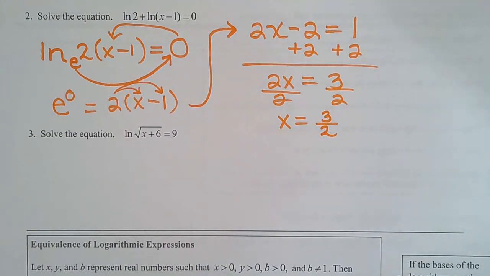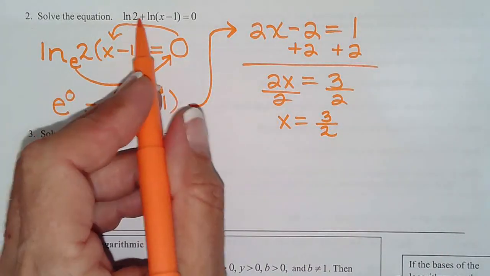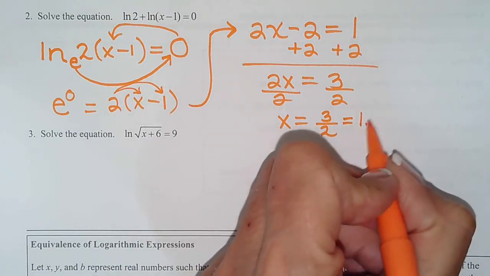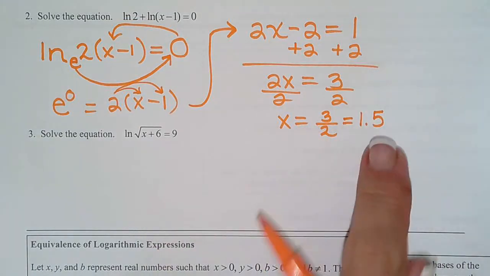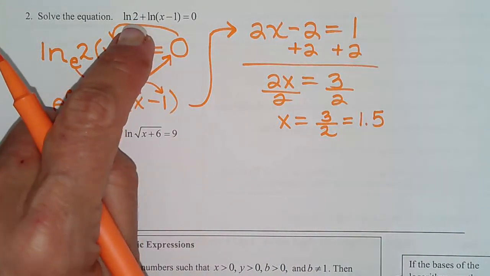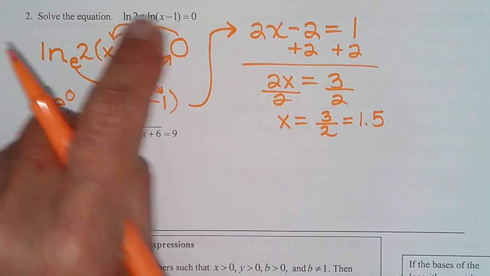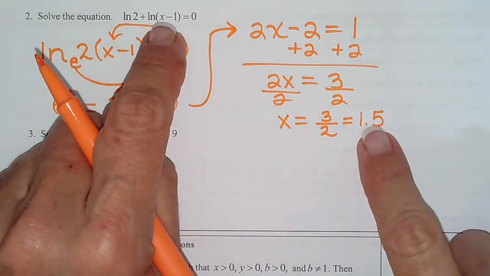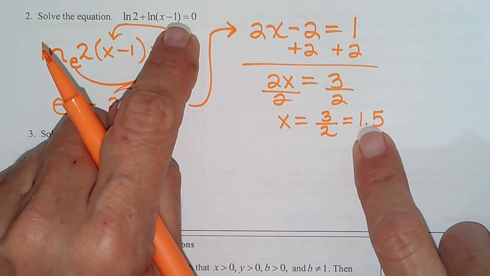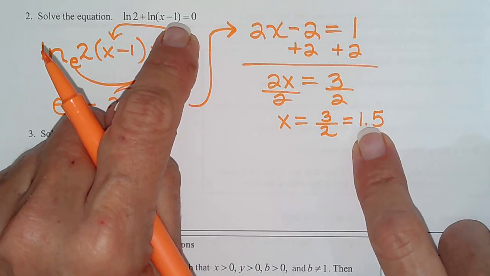And now all we have to do is check and make sure it makes the arguments positive. So does everybody agree 3 halves is 1.5? It's a little bit easier to plug it in that form. So this log doesn't have an x, so obviously I don't need to check it there, but this one does. So plug in 1.5. Is 1.5 minus 1 a positive number? Yes, it's 0.5.